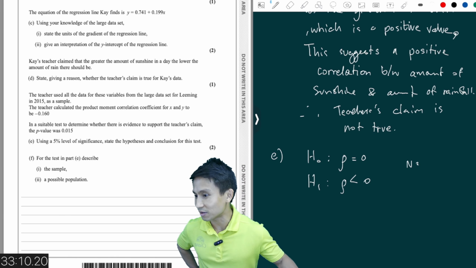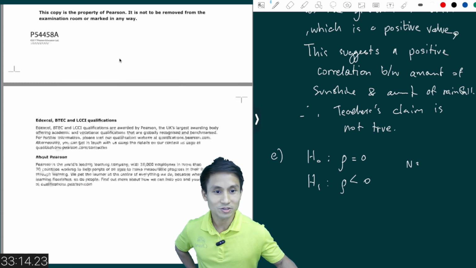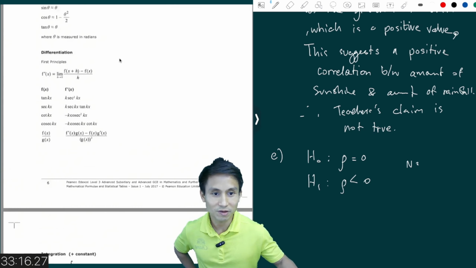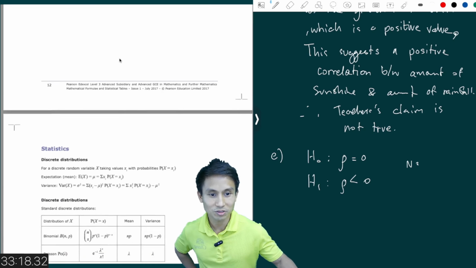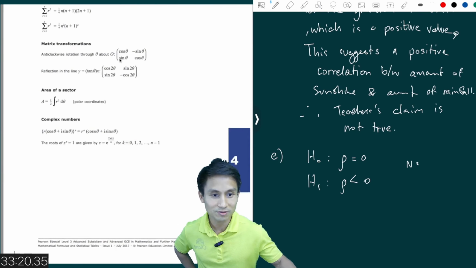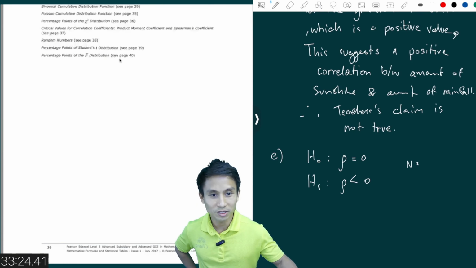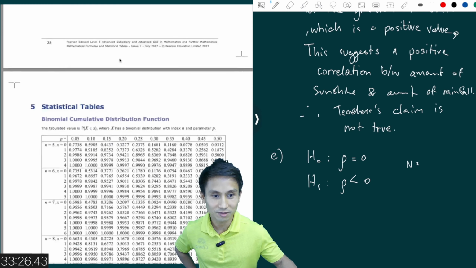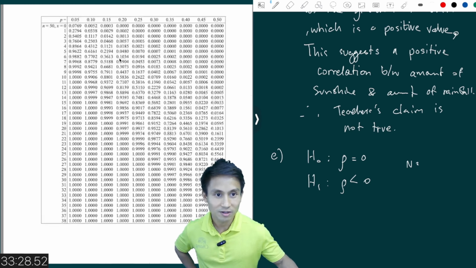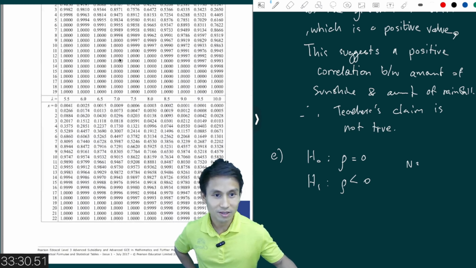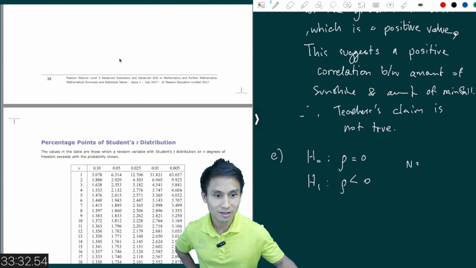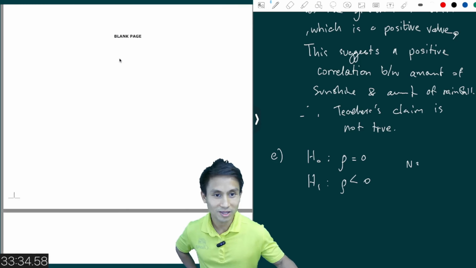I'm just going to check the table, because normally it's not like this. I'm suspecting that the p-value here means the one that we read from the table. Usually it should have been the one that we compare against the significance level. Hang on, where am I?